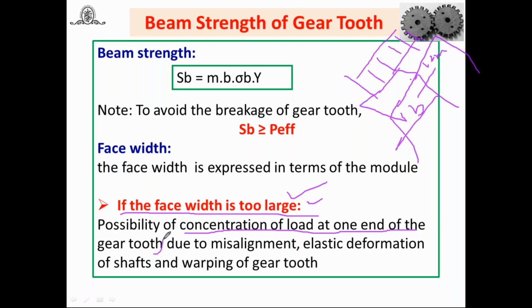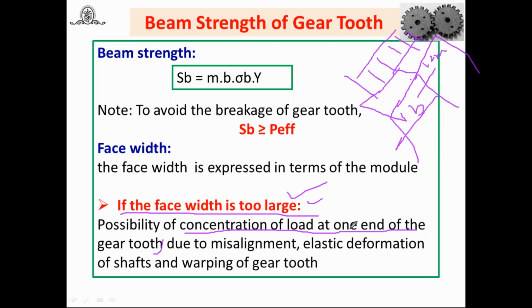There may be concentration of load at any one of the ends, maybe the starting end, the middle, or the end of the gear tooth. Try to understand. This is due to misalignment, due to elastic deformation of the shafts, or warping of the gear tooth.